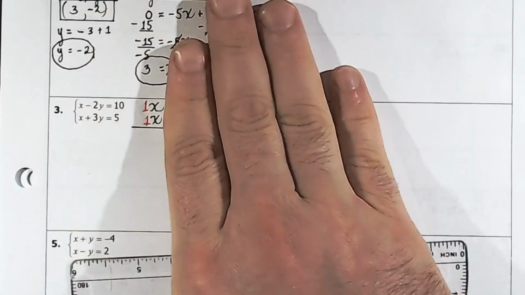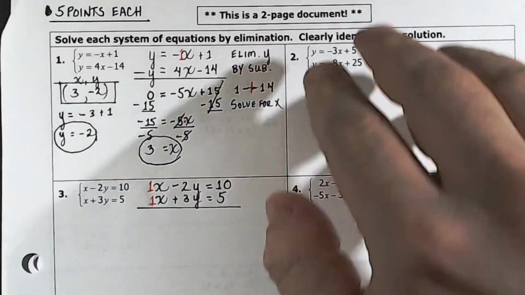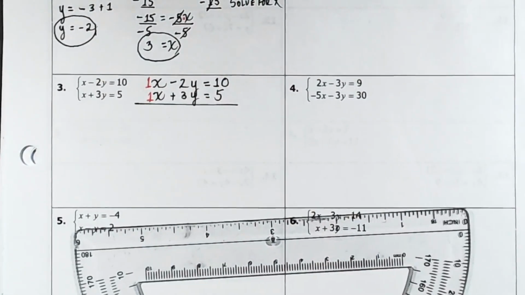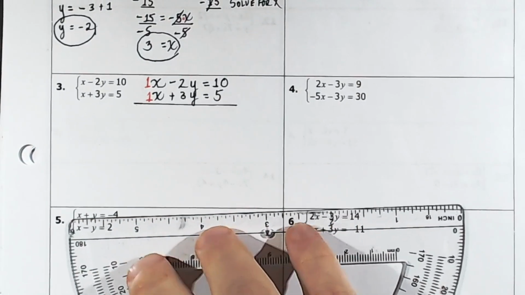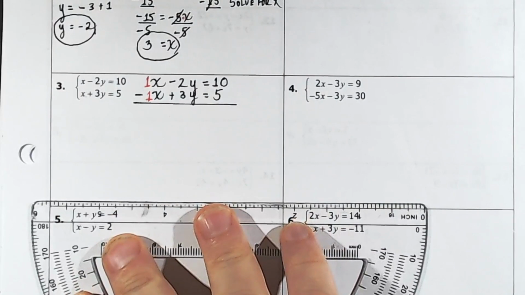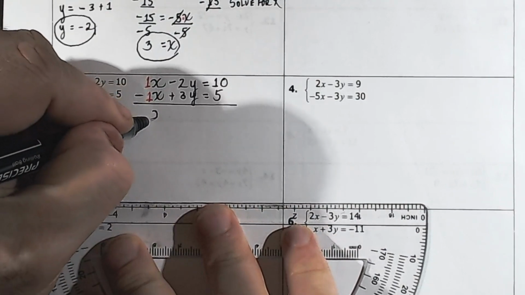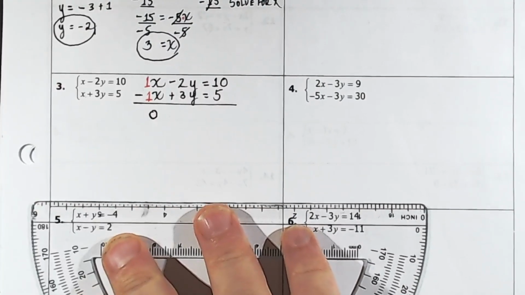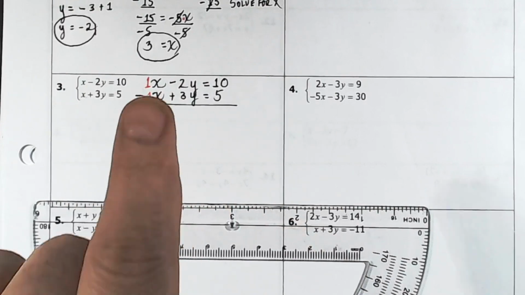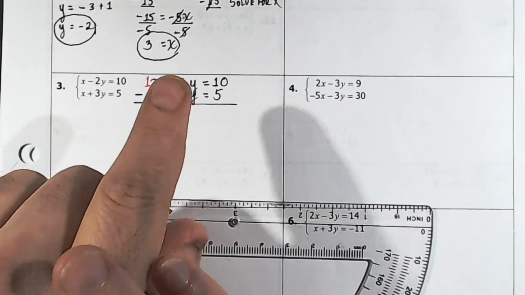If I add 1x plus 1x, I get 2x, so that's not going to work. So my game plan is going to be to eliminate the x variable using subtraction. So I'm going to use subtraction to eliminate the x variable. 1x minus 1x is 0. And now let's be very careful here. I have negative 2y minus 3y.